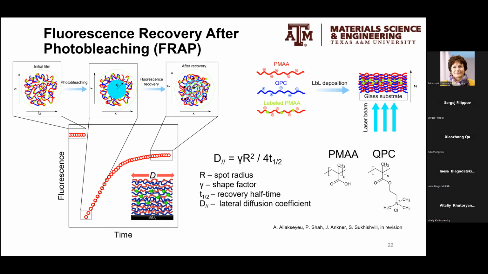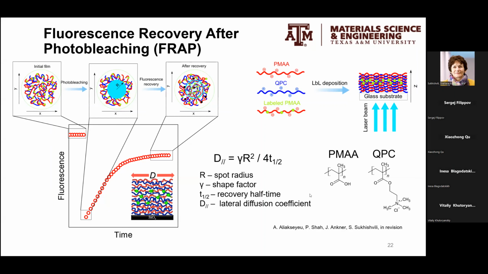With photobleaching experiments, you start from an initial film, apply a laser beam with high intensity, and bleach a spot. Then you switch the beam to a lower intensity to observe, not to bleach, and you see how the fluorescent intensity slowly recovers.